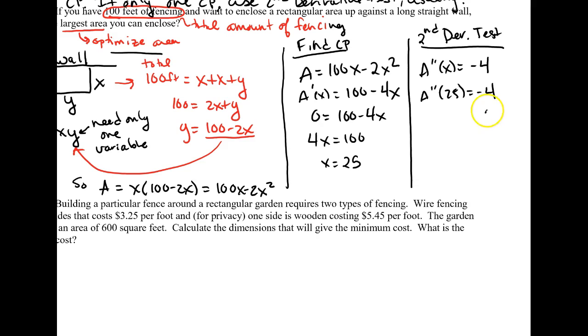Minus 4. But remember that means it's concave down. So now we know it's a maximum.